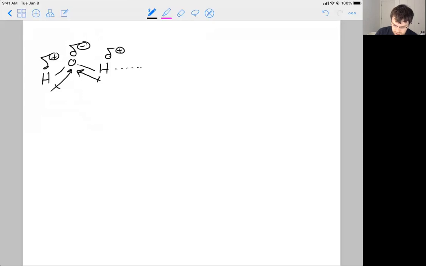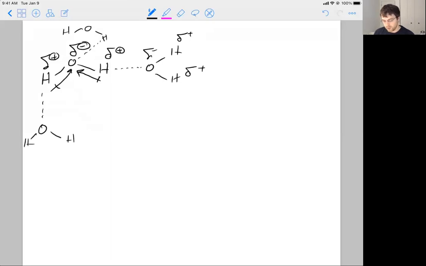That is, this hydrogen could interact with an oxygen atom on an adjacent water molecule, and this hydrogen could interact with an oxygen atom on an adjacent water molecule, and the oxygen could interact with a hydrogen on an adjacent molecule. And so what we see is there's more opportunity for hydrogen bonding, more opportunity for dipole-dipole interactions.